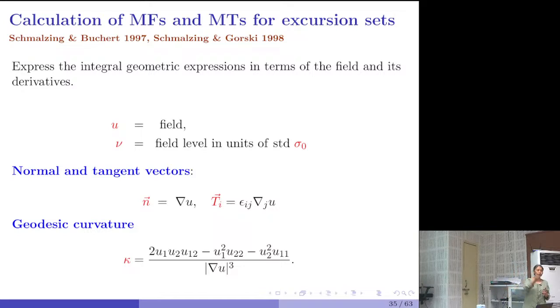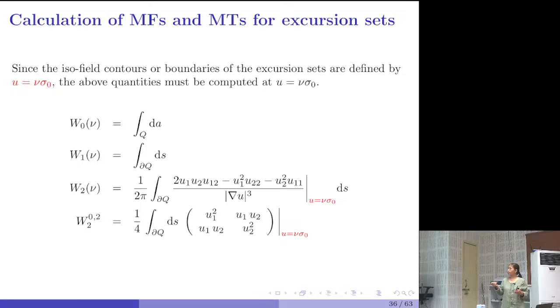Now let's connect it to the discussion. Basically I want to calculate these for the iso-field contours. Field contours are defined by the level u equal to nu sigma naught. This is my notation.